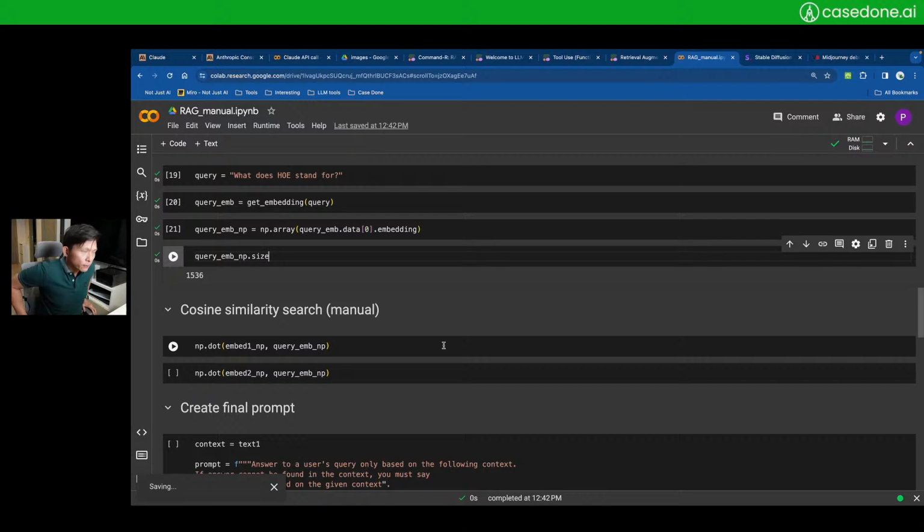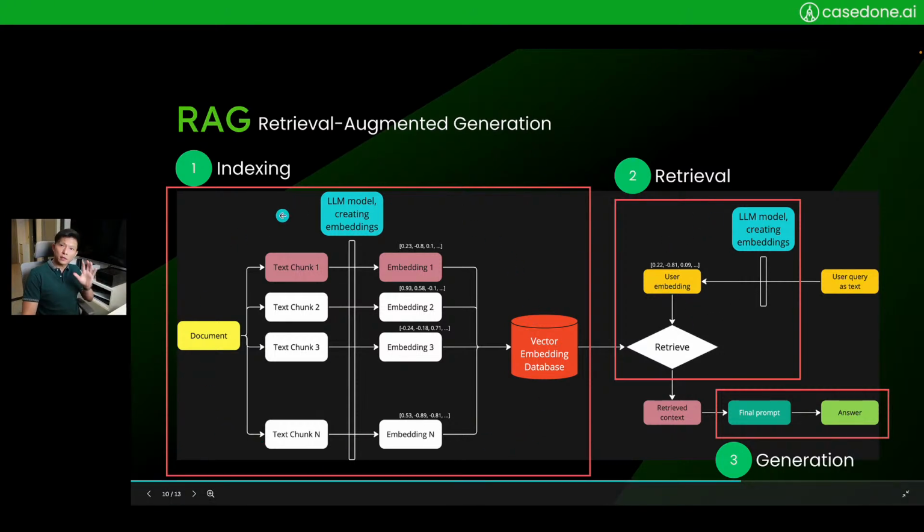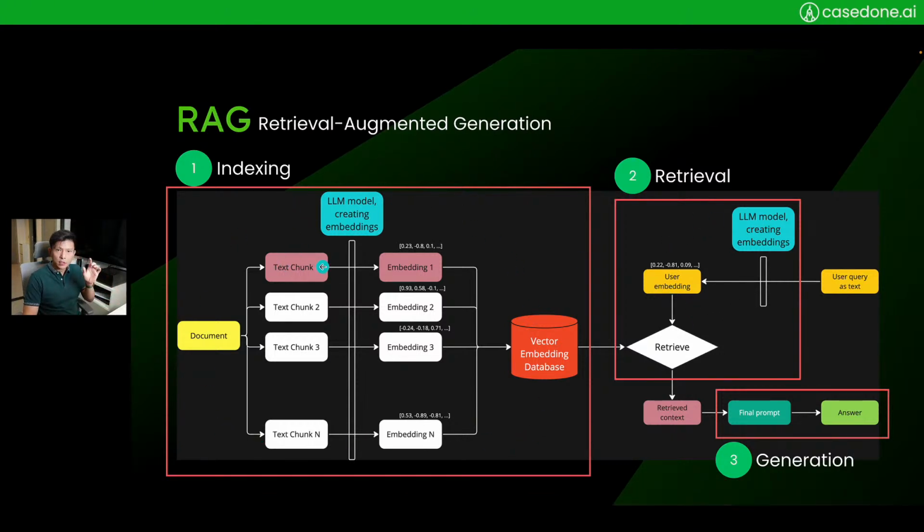Now we are going to dig into the retrieval stage. What we have done so far is indexing. We have our text chunk and we convert it into embeddings, a vector of values. Now we are going to look into what's underneath retrieval.